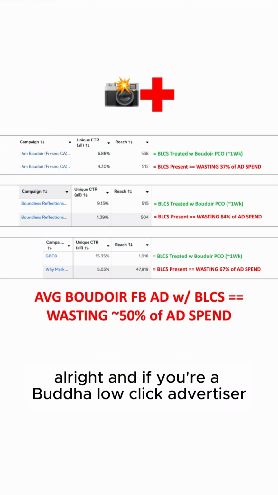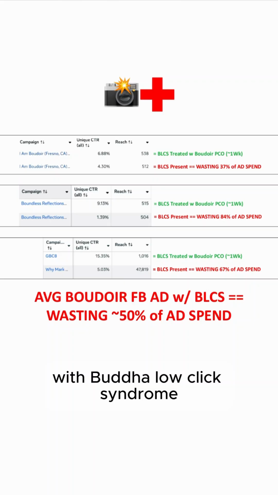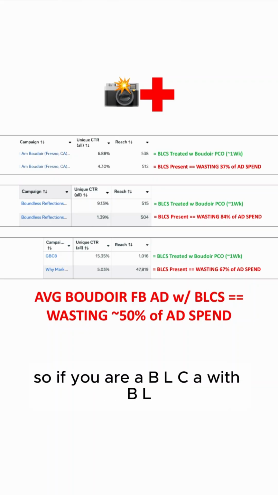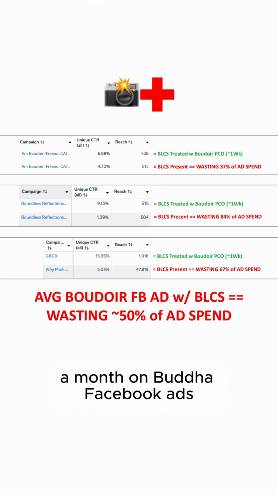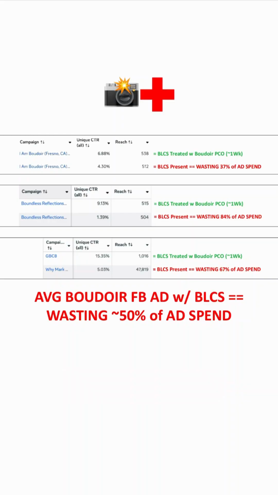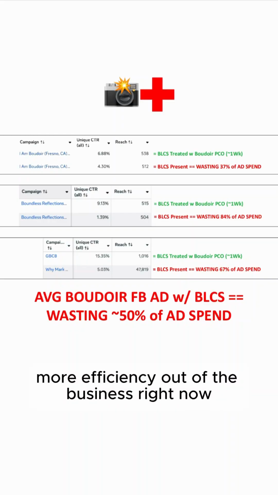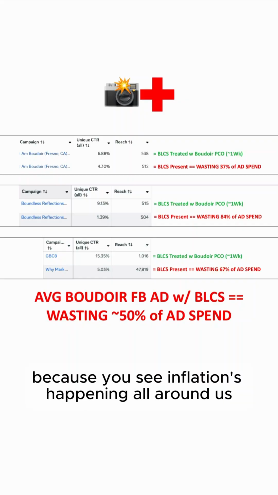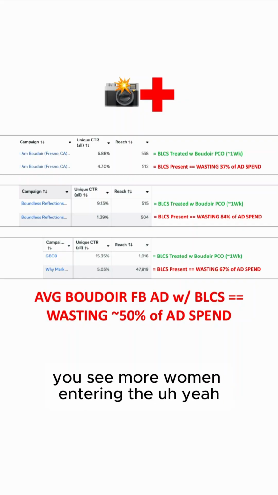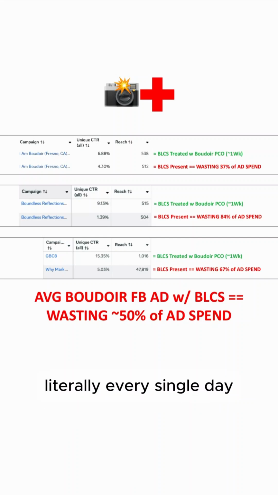All right, and if you're a Boudoir low click advertiser with Boudoir low click syndrome, so if you are a BLCA with BLCS and you're spending more than 10 grand a month on Boudoir Facebook ads, and you've decided you've got to pull more efficiency out of the business right now, you need more money, you need more profit right now, because you see inflation is happening all around us, you see more women becoming boudoir photographers literally every single day.